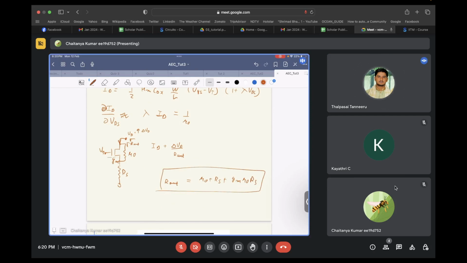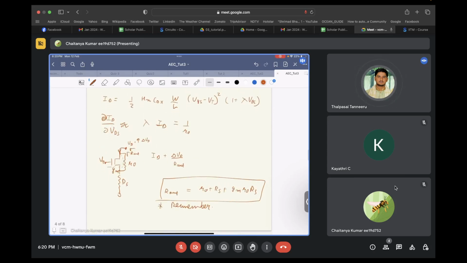So basically, this particular transistor now behaves as a cascode. This configuration is called cascode, and this is the output resistance looking in, the output resistance of the cascode. This is an important term that you need to remember. Earlier it was just 1 by R naught.